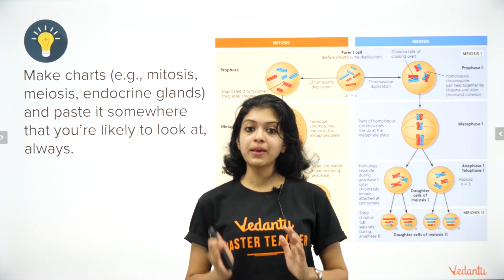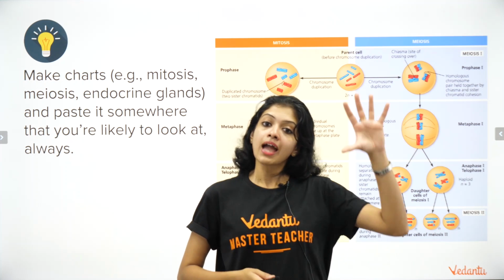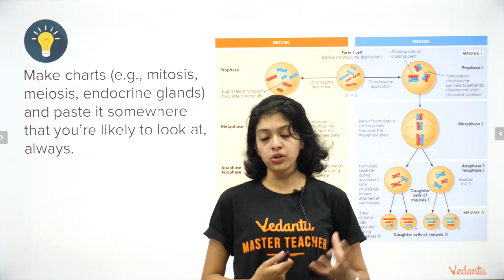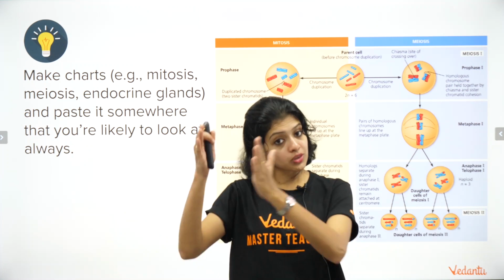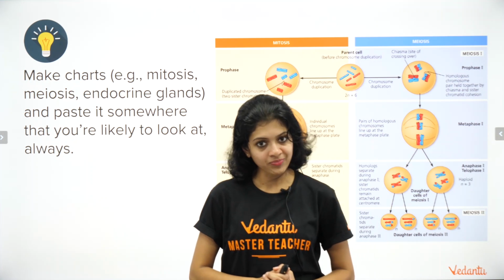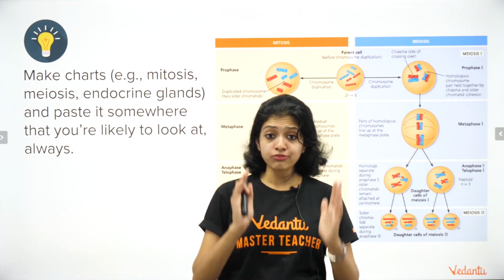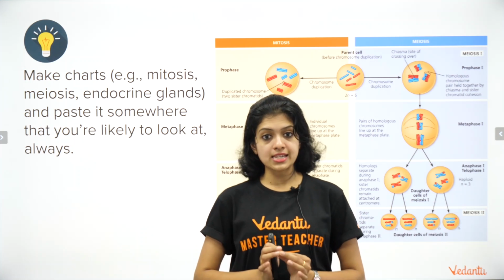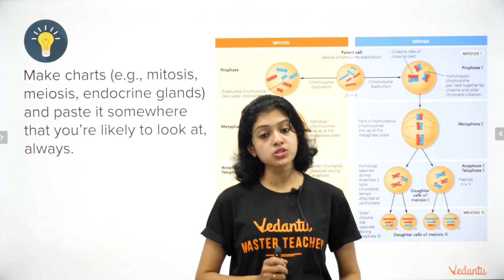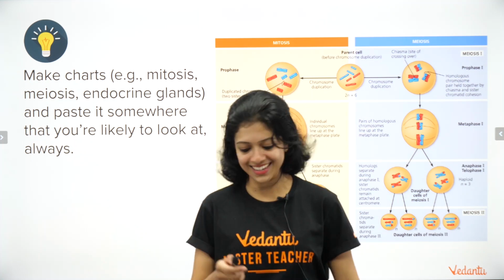The second column could be the name of the hormone or hormones that the gland secretes, and the third column could be the action of the hormone on the target organs, right? So the gland, the hormone, and the mode of action of the hormone, right? And create a table like this, paste it somewhere around, and definitely keep looking at it, even if not with a conscious effort, and you will be able to retain those in a much easier and a much faster manner than you ever think.